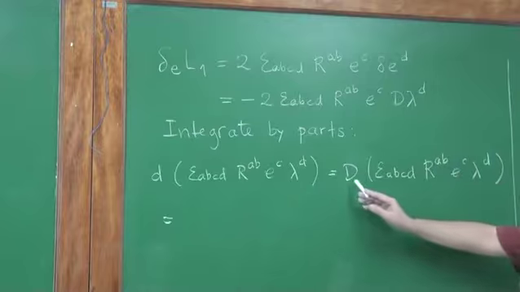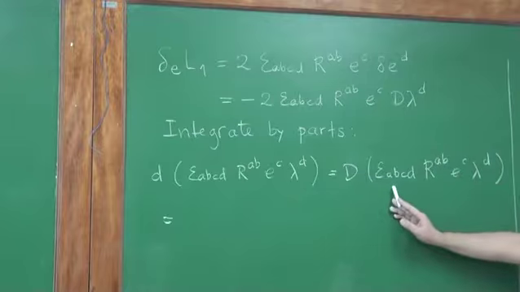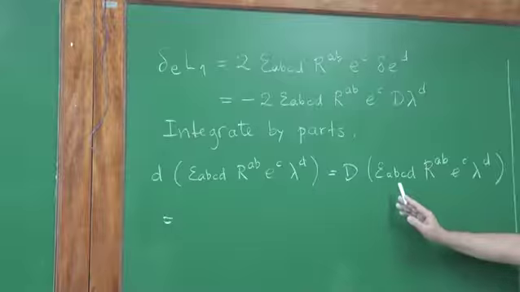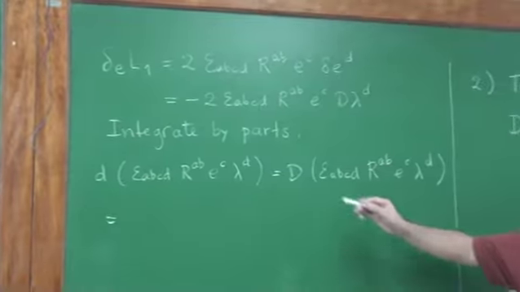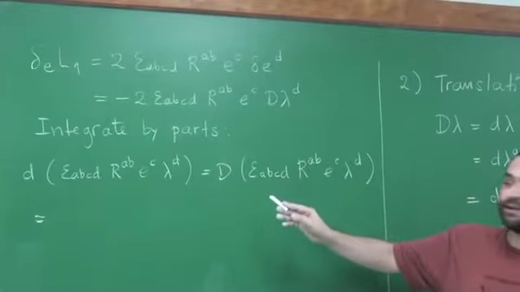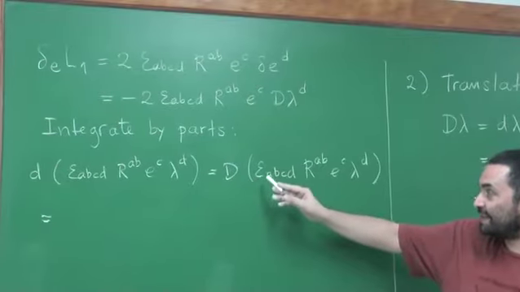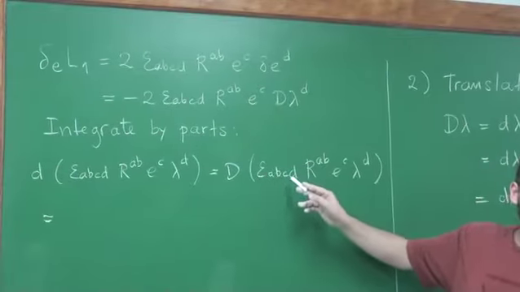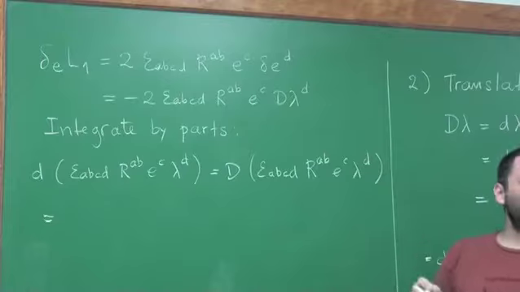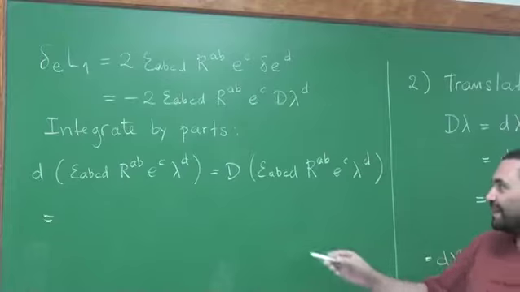The covariant derivative of the epsilon tensor is 0. That's not trivial. It's trivial that the exterior derivative is 0, but the covariant derivative has extra terms. It has omega times this. But you can show that it is 0. So we won't care about it.